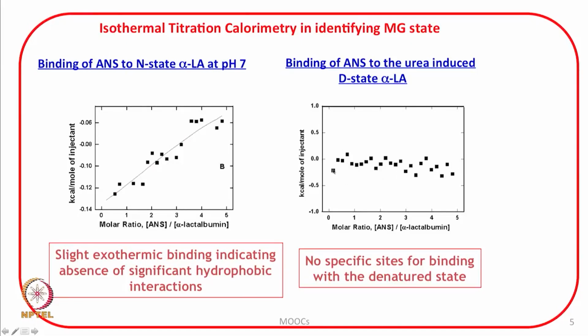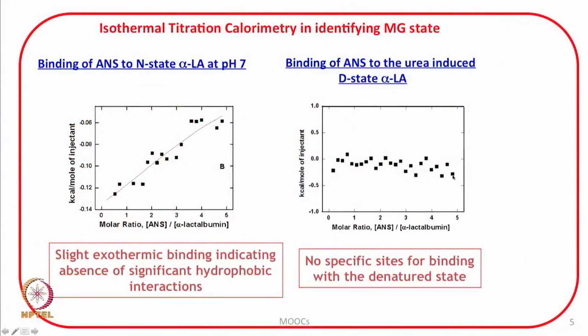And you see the amount of heat absorbed or liberated is almost 0. That means ANS is not showing any binding ability towards the denatured state of the protein. And remember that all these isothermal titration calorimetric profiles which are being shown over here have been appropriately dilution corrected.